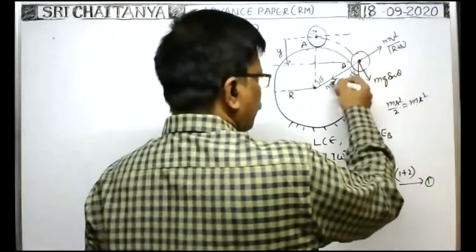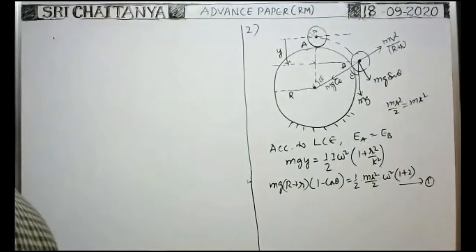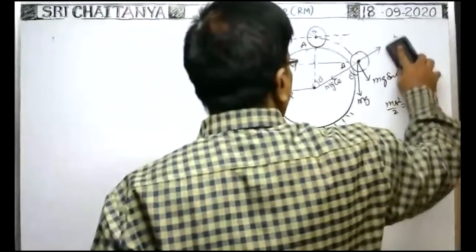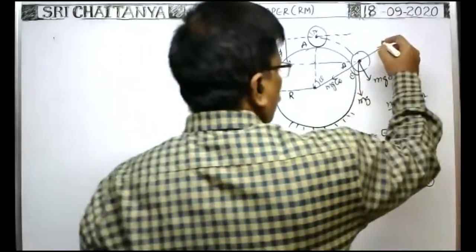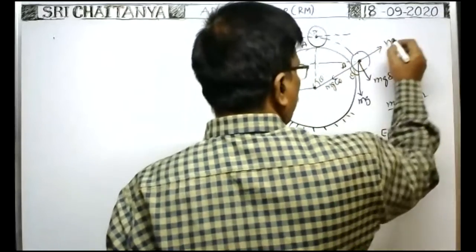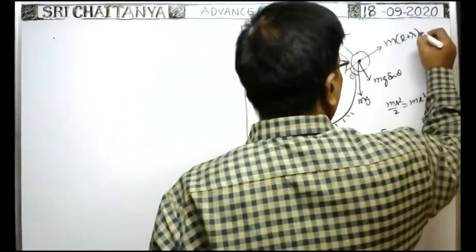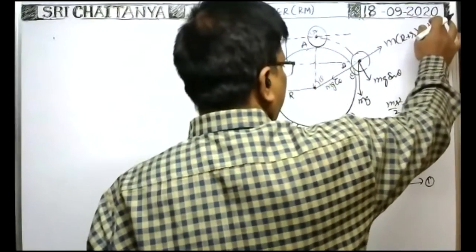The weight component mg cos theta acts in this direction, and as omega is there, the centrifugal force is equal to m into the radius of the circular path, capital R plus small r, into omega square. That centrifugal force acts in this direction.